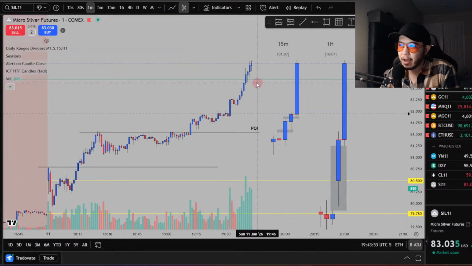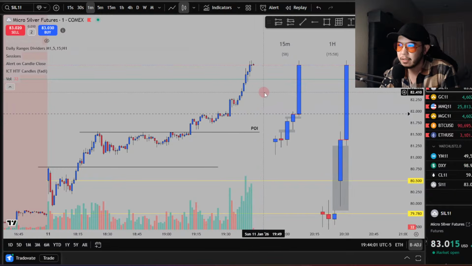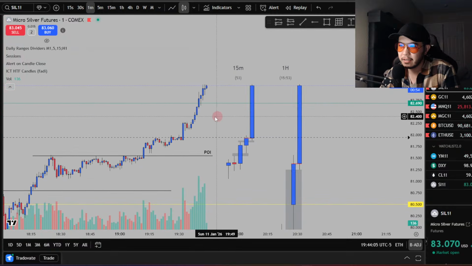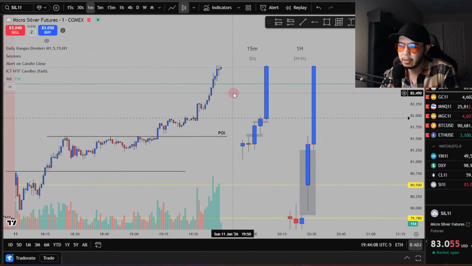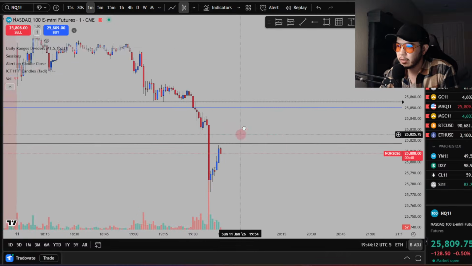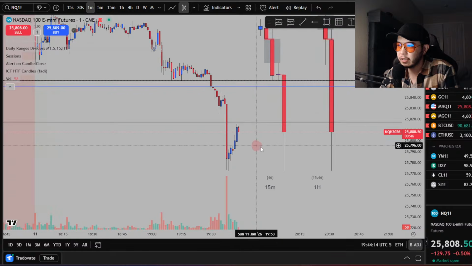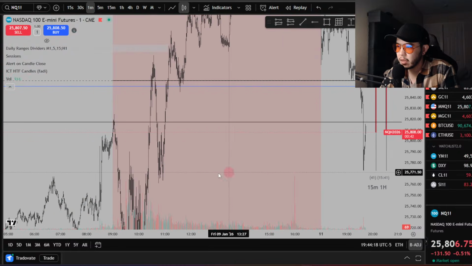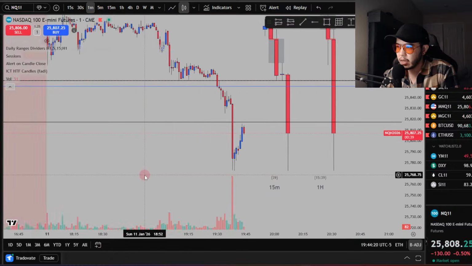I swear to God, I've bottom ticked and top ticked in the wrong direction so many times that I'm like, no. If the price doesn't give me a clean correction or a clean sweep of liquidity, I am not interested. You get burned enough times that you learn not to mess with it. We're having a good reaction off this level.